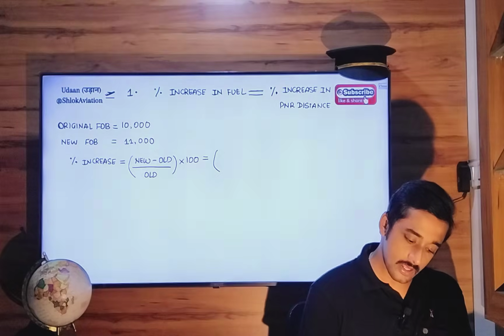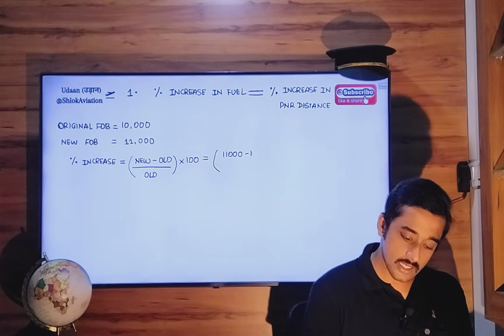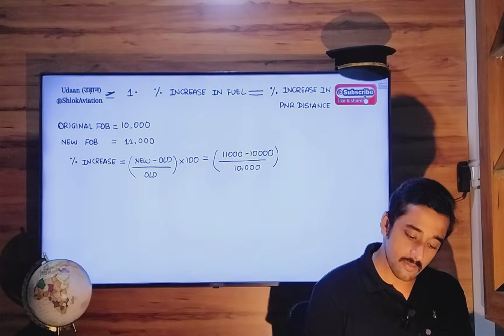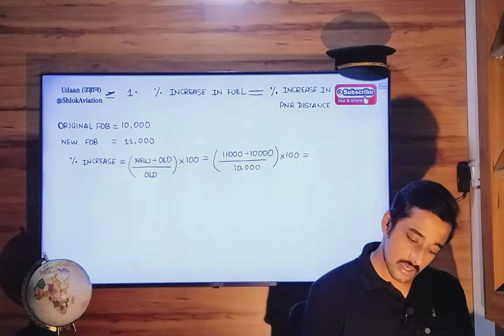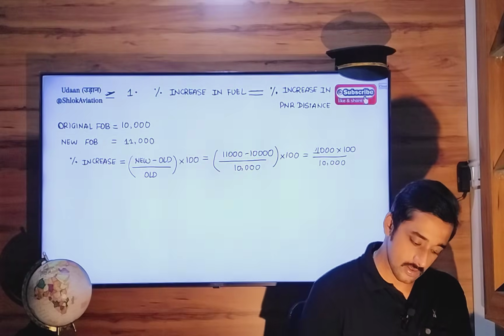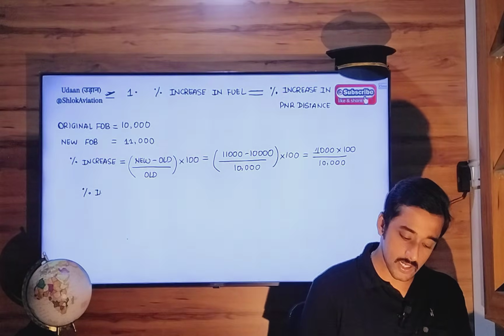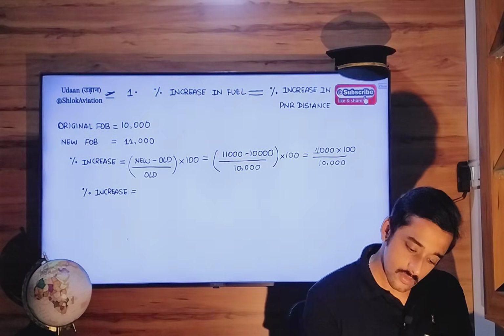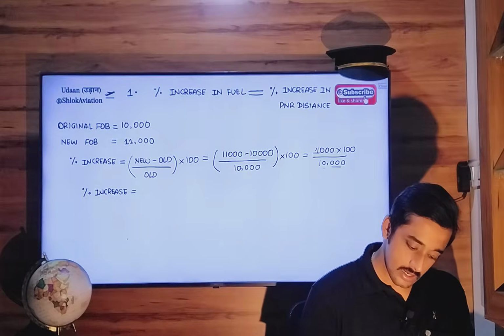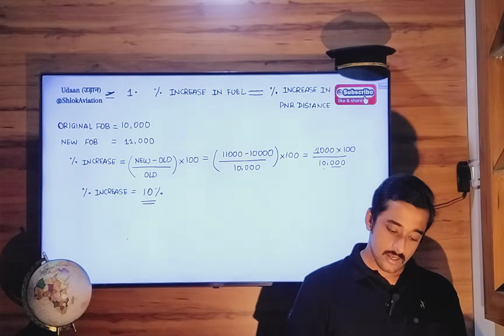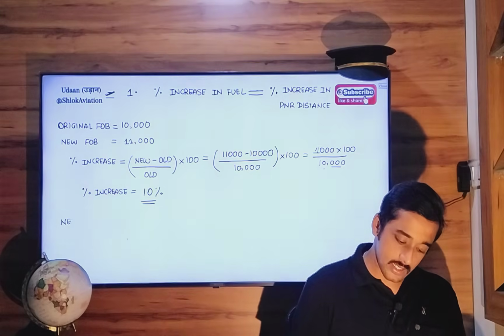So 11,000 minus 10,000 by 10,000 multiplied by 100. 11,000 minus 10,000 is 1,000 into 100 divided by 10,000. So the percentage increase is 10% increase.